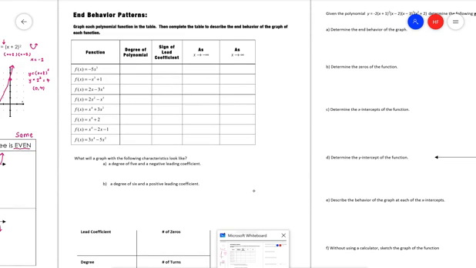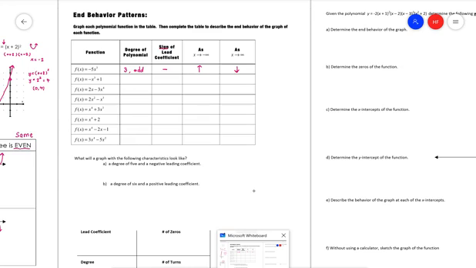So let's leave a little more space. And the sign of the lead coefficient is negative. So we have odd, negative. Negative tells me this one is down. Odd tells me they're opposites.